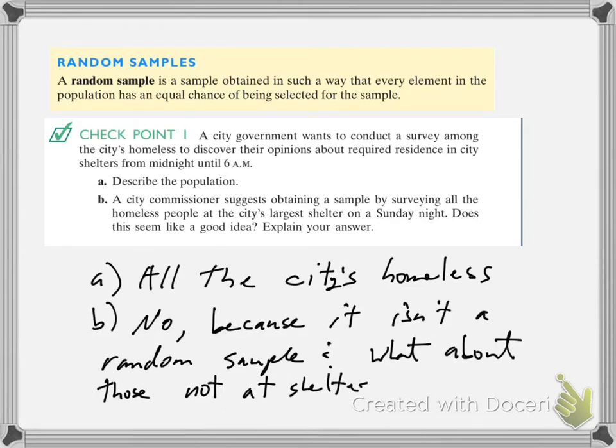It makes logical sense, right? If people are not at a shelter, they might have an opinion about why they're not at a shelter. So it seems like you should be surveying people that are at shelters and people that are not at shelters, and people that are at smaller shelters as well.